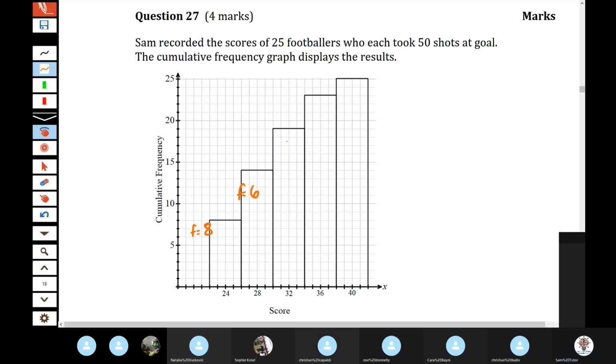Did you say 5? Thank you. I'm just going to accept your answers. I'm not double checking it. 36, 23. So from 19, that looks like a frequency of 4. And this one's a frequency of 2. So only 2 people were able to score 40.